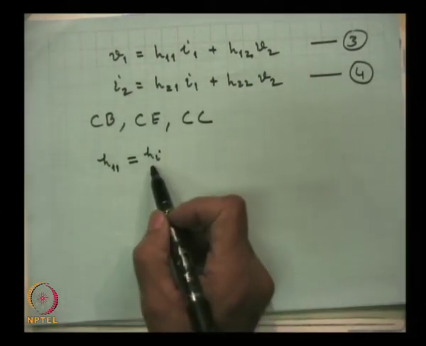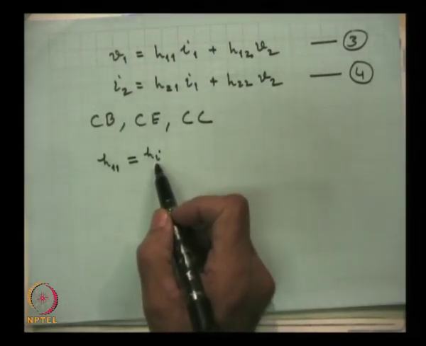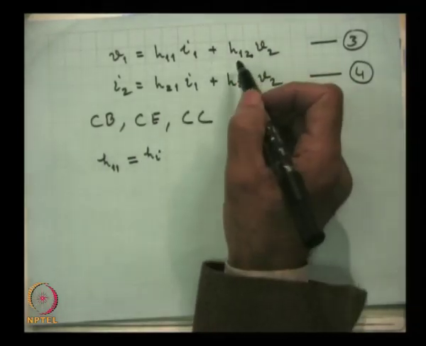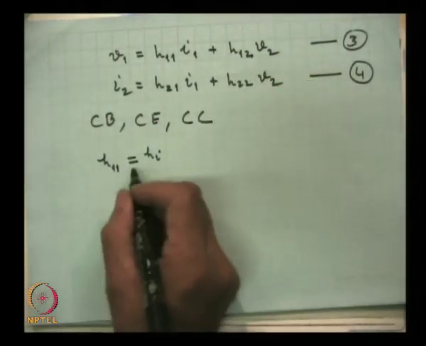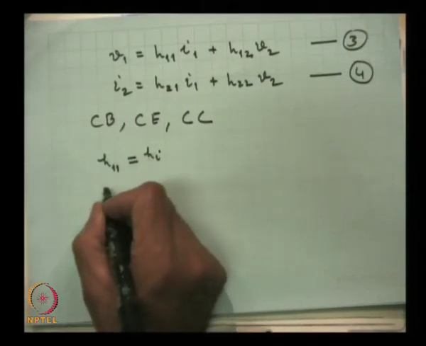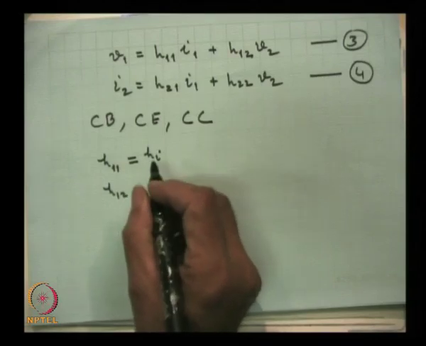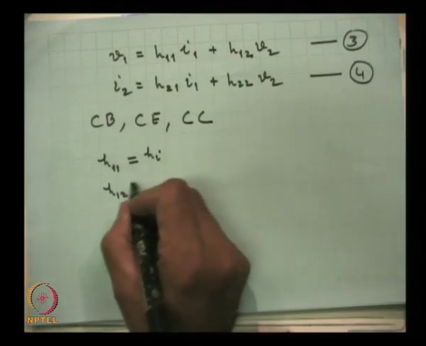I stands for input impedance, so I for input, and similarly this H12, this is a reverse voltage ratio.